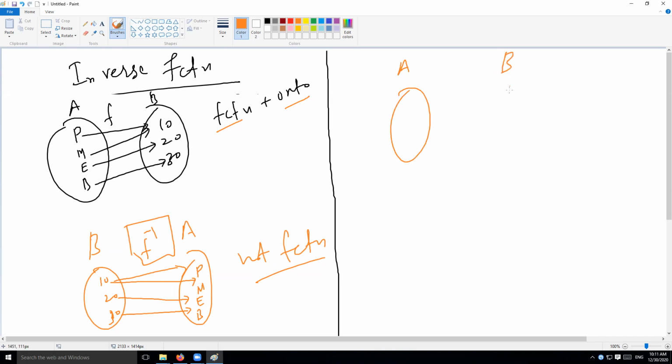A is this and B is this, and say I have P and M and B here, and I have say 10, 20, 30 here, and I say that, okay, the physics is 20, 10, and the mathematics is 30, okay, and so let's say remove E and B. Let's remove E and B. Now, is this a function?